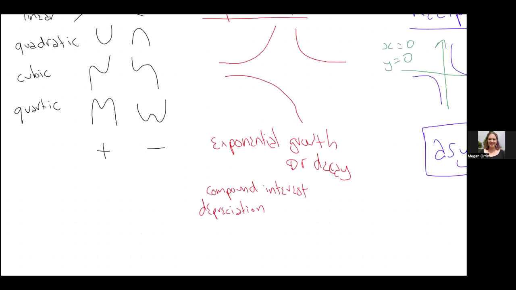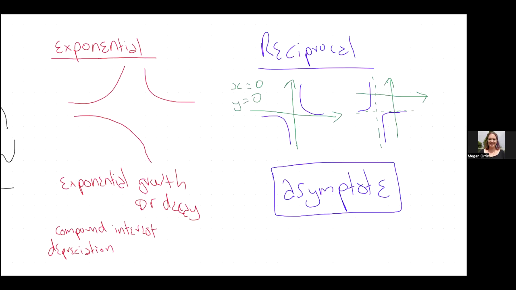Let's look at the equation for this one. Let me change color again. This is going to be y equals 1 over x. In a reciprocal graph, the variable is on the bottom of the fraction. Where is the variable in the exponential graph?